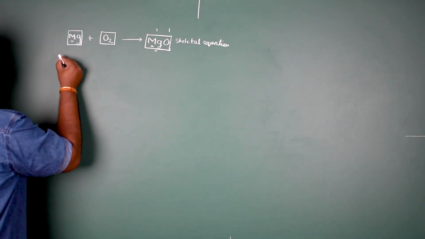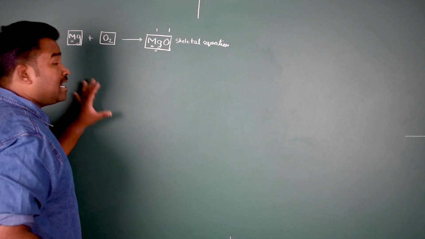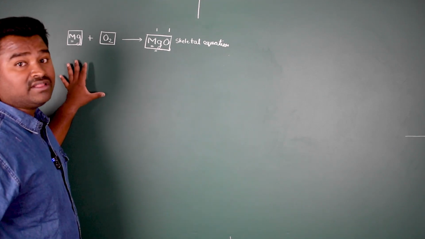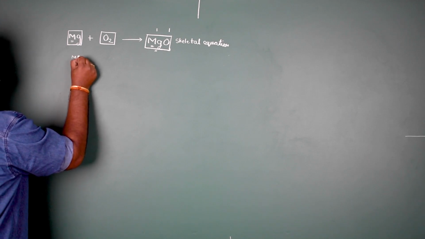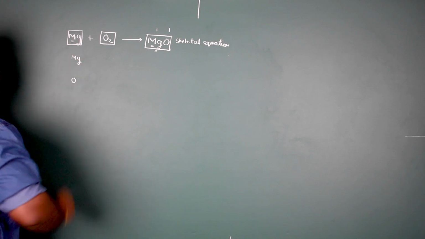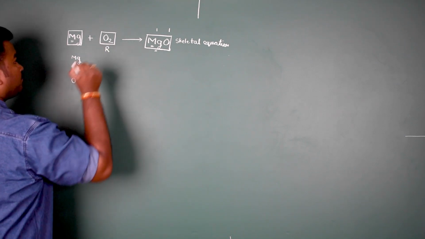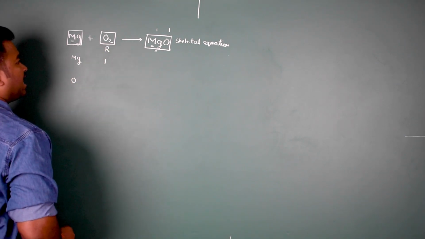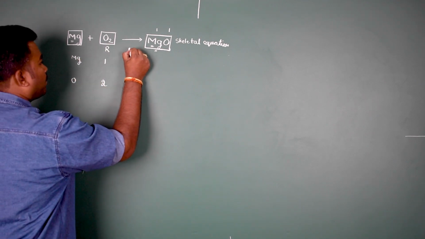So how to balance oxygen? Before balancing oxygen, let me figure out what atoms are present. Magnesium atom is present and oxygen atom is present. How many magnesium atoms are on the reactant side? There is one magnesium atom and two oxygen atoms on the reactant side. And how many on the product side?